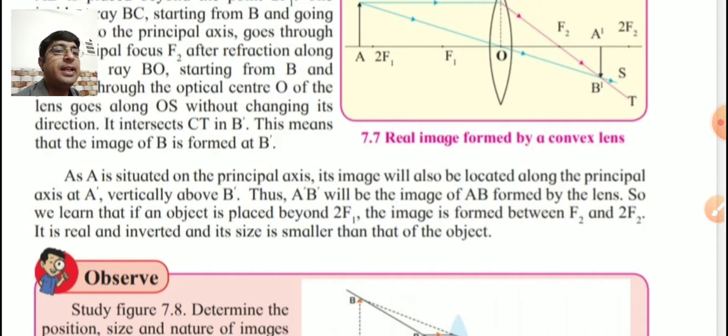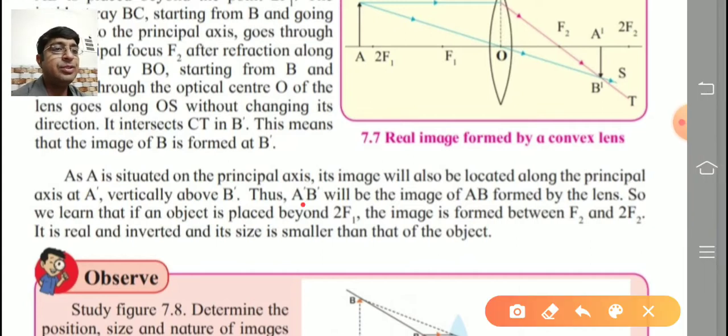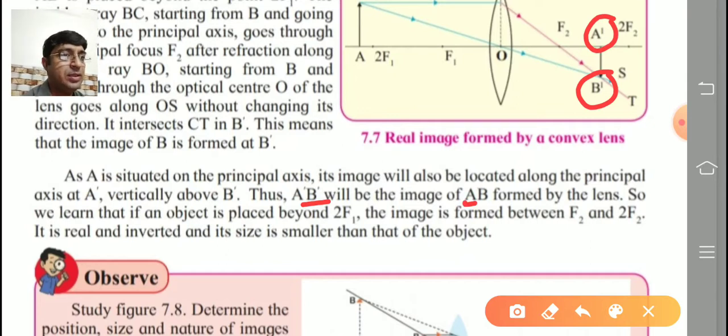Thus, A dash B dash is the image formed after refraction, the image of object AB formed by the lens.